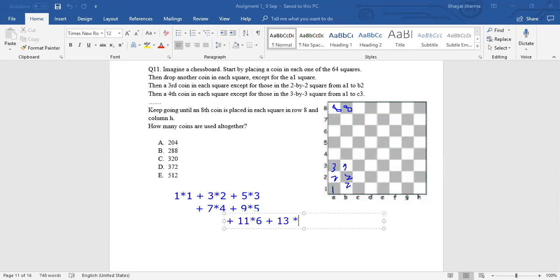Just check. 13. How many squares will have 4 coins? Exactly 4 coins, not less or more. Is it 13? No. It's 14, right? 7.